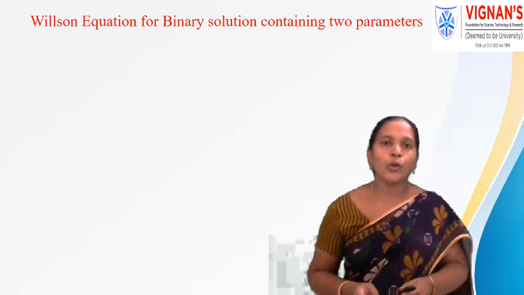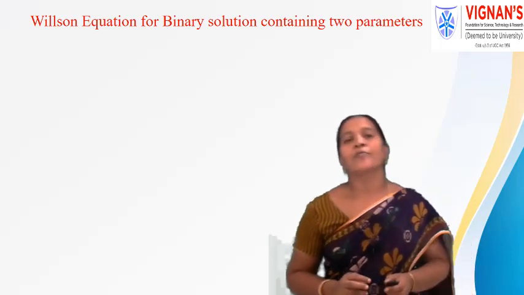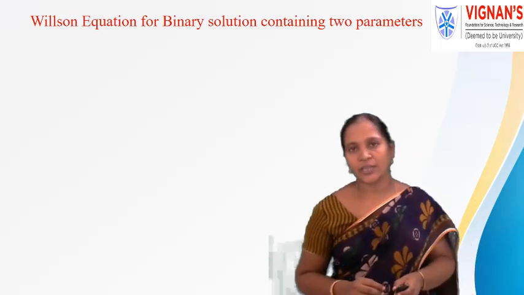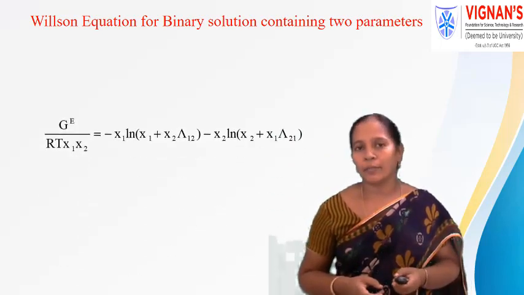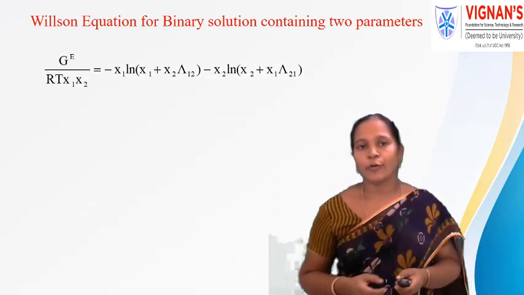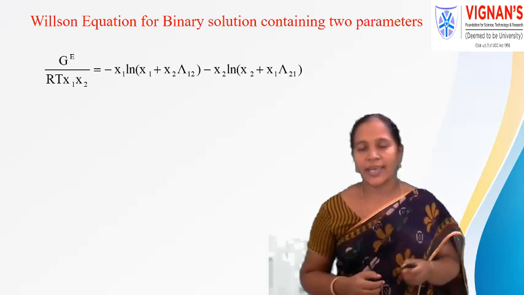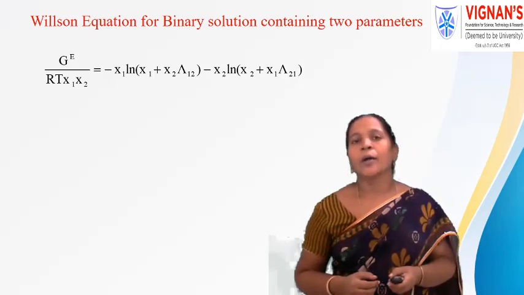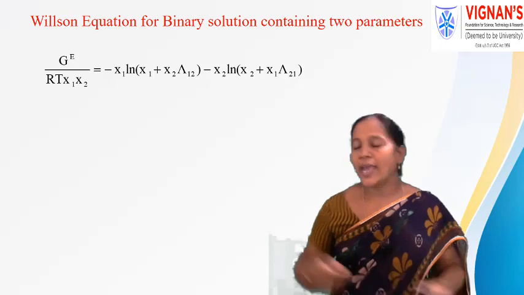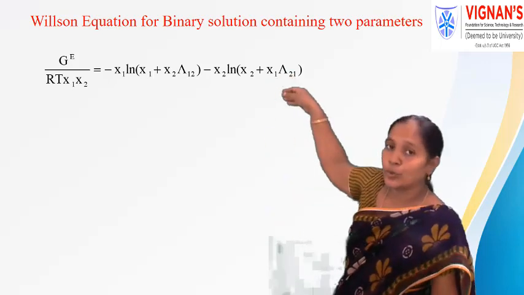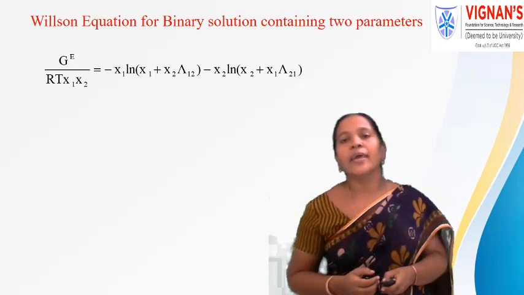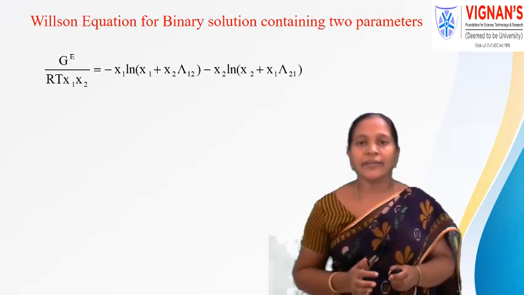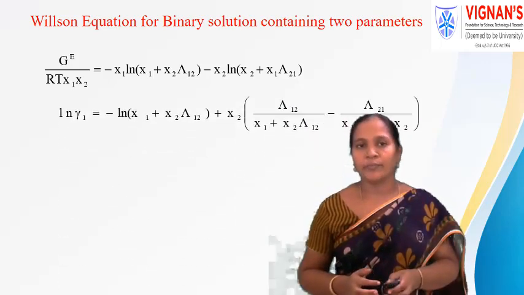Now coming to Wilson equation for binary solution. Binary solution containing two parameters. Therefore, GE by RT x1 x2 is equal to minus x1 ln x1 plus x2 delta 12 minus x2 ln x2 plus x1 delta 21.